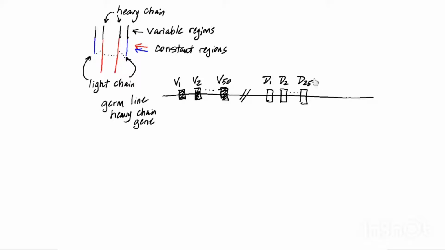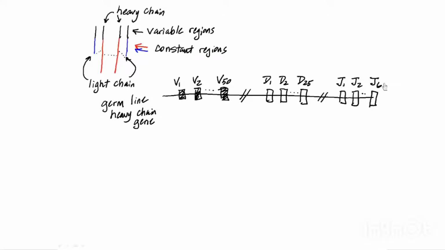Okay? So, downstream of that, there are a number of J regions. And in the human, there are 6 J regions. Dot, dot, dot. 6 J regions. J1, J2, and J6.